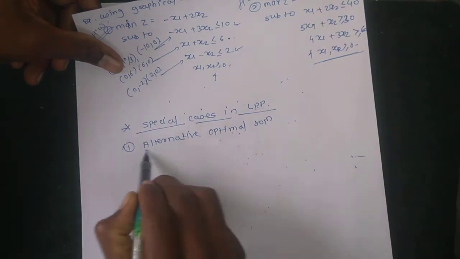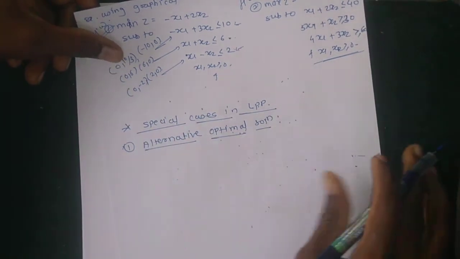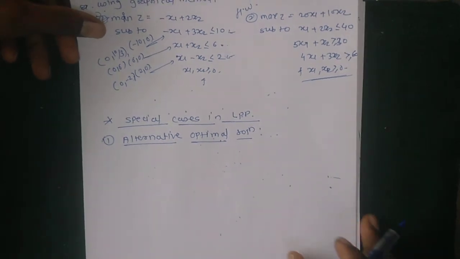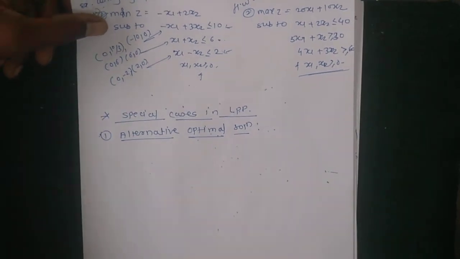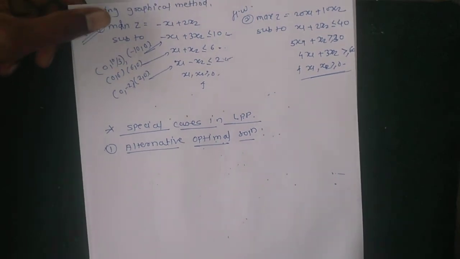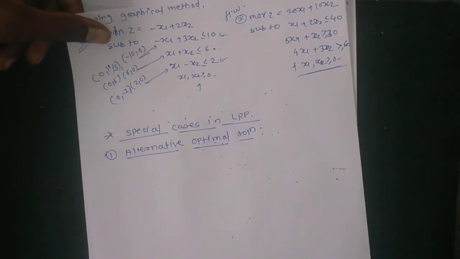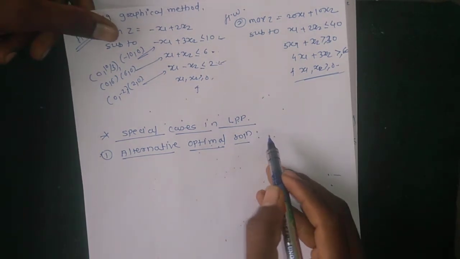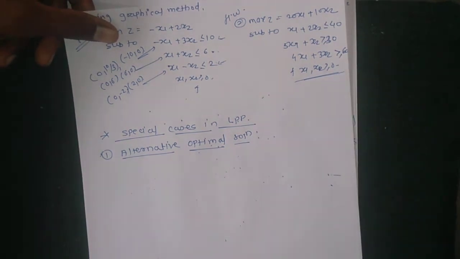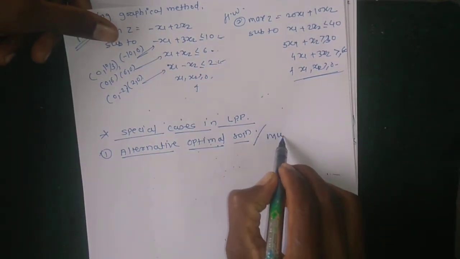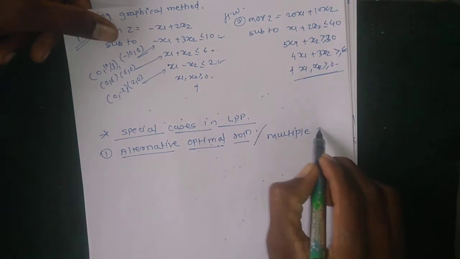Alternative optimal solution means that if an optimal solution has the same value at different points, that is, more than 1 point has the same value of optimal solution, then we say that the optimal solution is an alternative solution, or multiple solution.